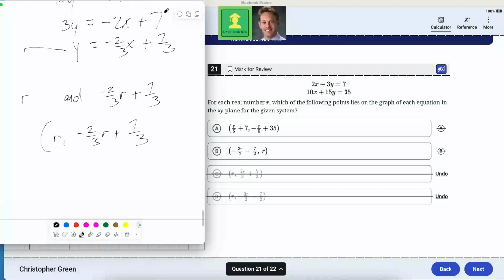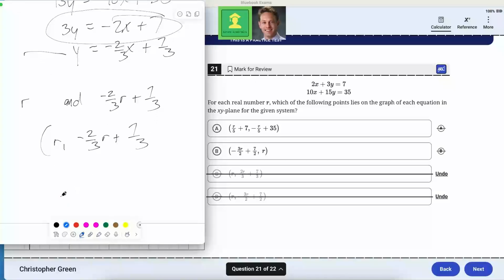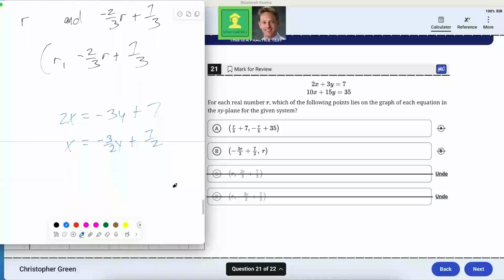So from back up here, if I solve for x in terms of y, in fact, I'm going to flip to 2x is negative 3y plus 7. So x itself is negative 3 halves y plus 7 halves.